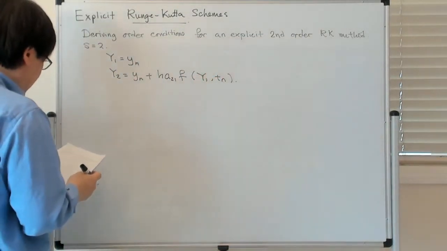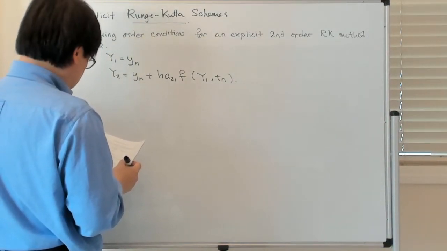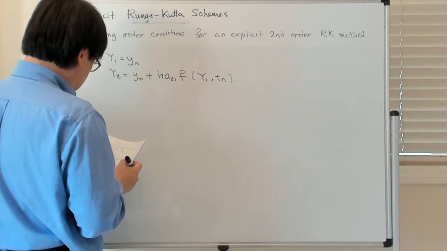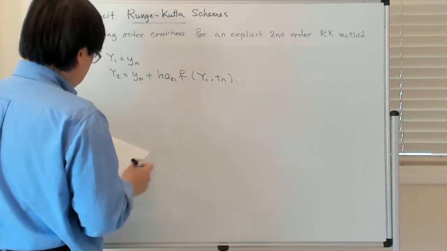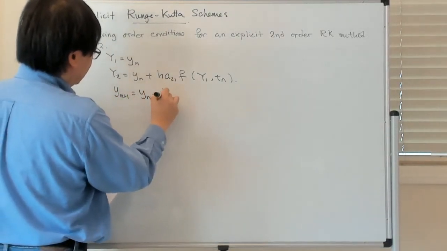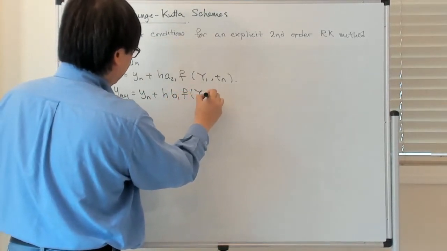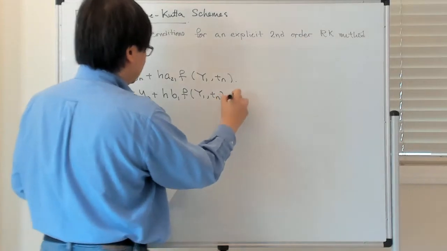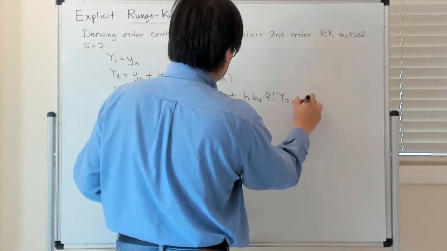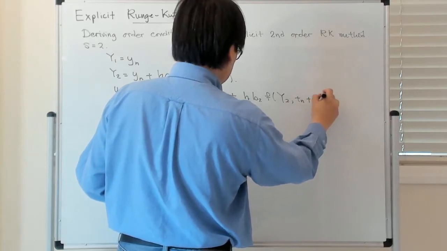And finally, yn+1 is equal to yn plus h times b1 f evaluated at y1, tn plus h times b2 f evaluated at y2, tn plus c2 times h.